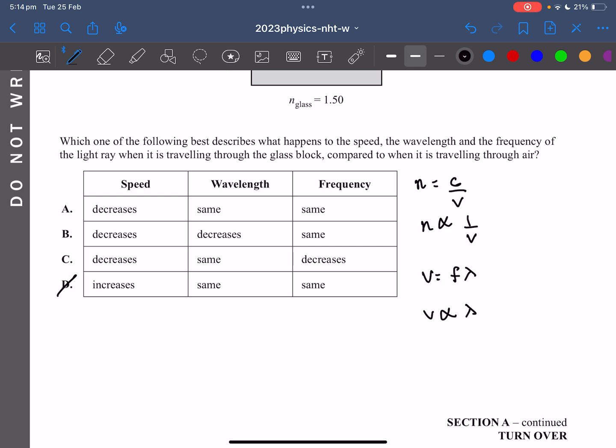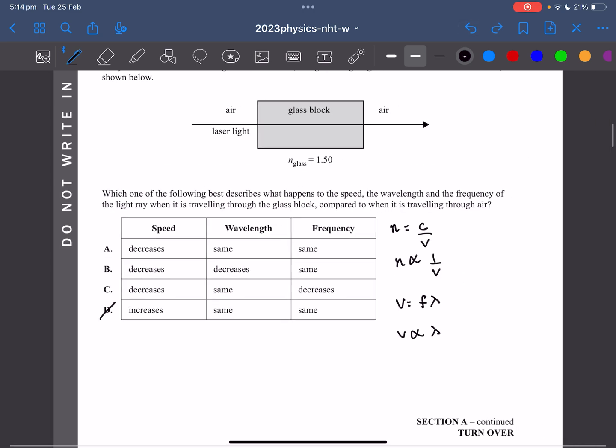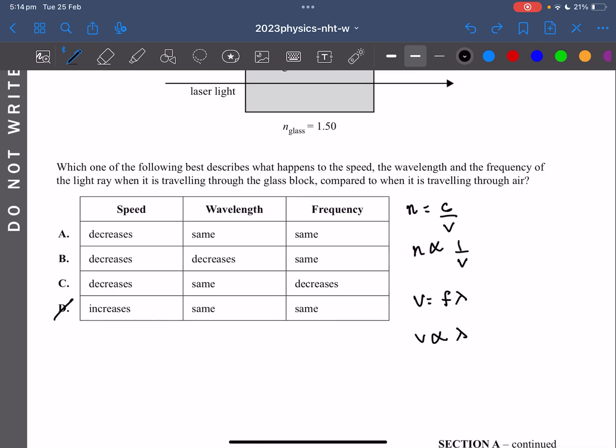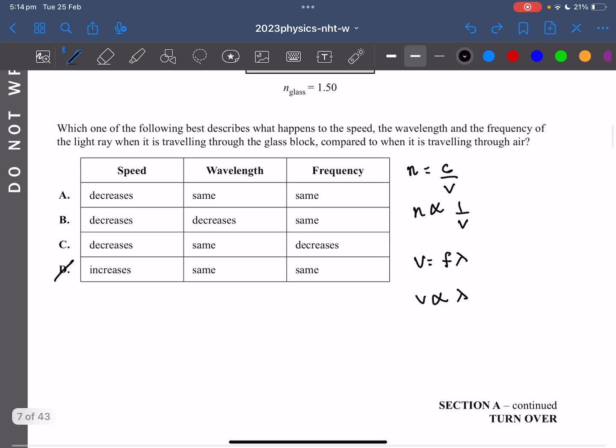As we figured out, if the refractive index increases, so as it goes into the glass block, the speed is going to decrease. And if speed is proportional to wavelength, wavelength is also going to decrease, right? That means we can rule out option C and option A, leaving us with option B, and frequency stays the same as I discussed earlier. Okay?